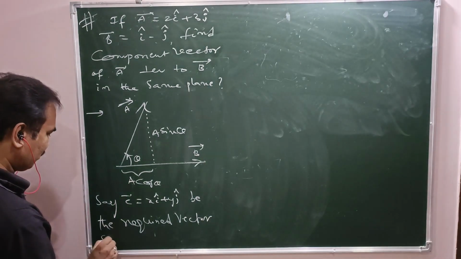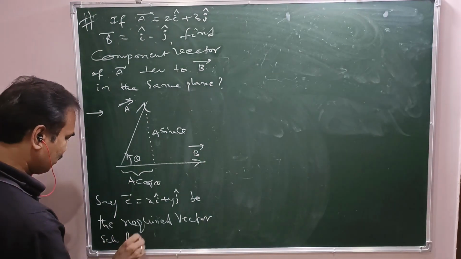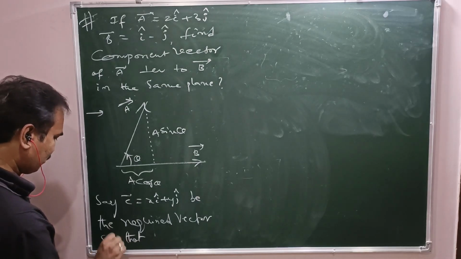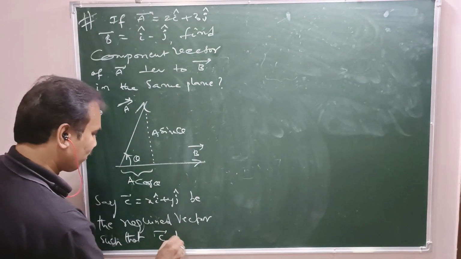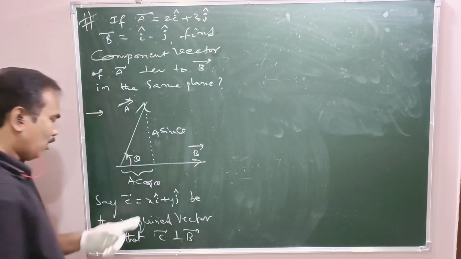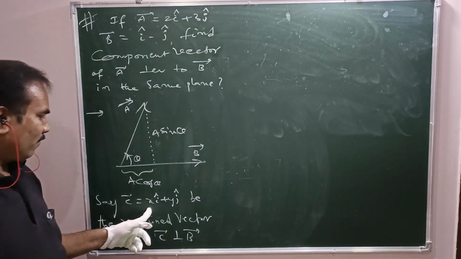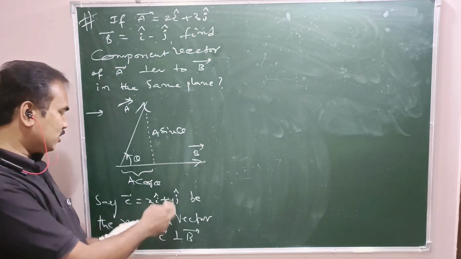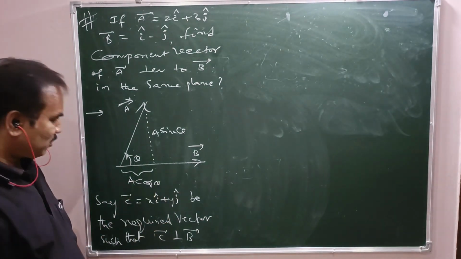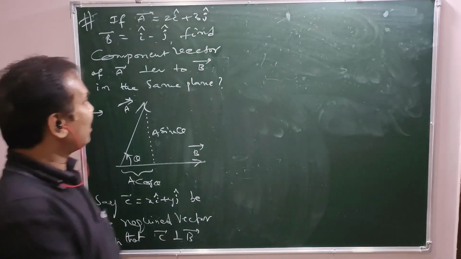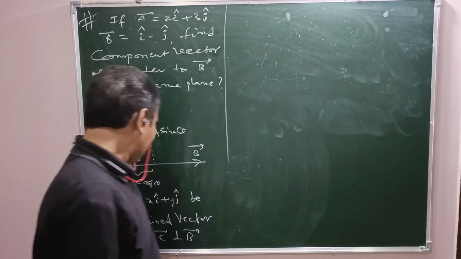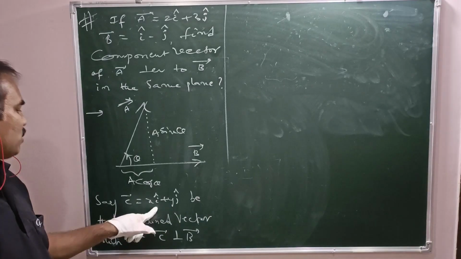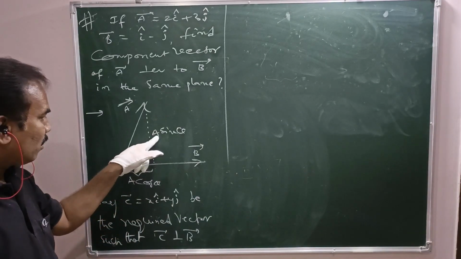Such that C bar is perpendicular to B bar. Now this is the required vector, with components x and y. We need to find the x component and y component and replace them in the same expression. Now the magnitude of C bar is root over x square plus y square. That should be equal to A sin theta.